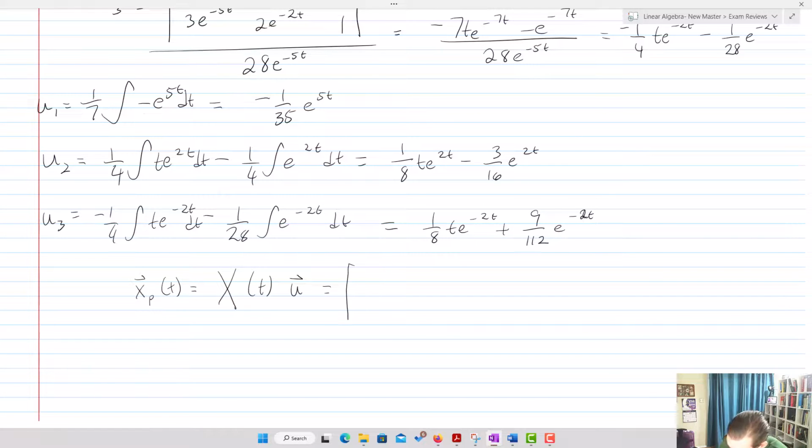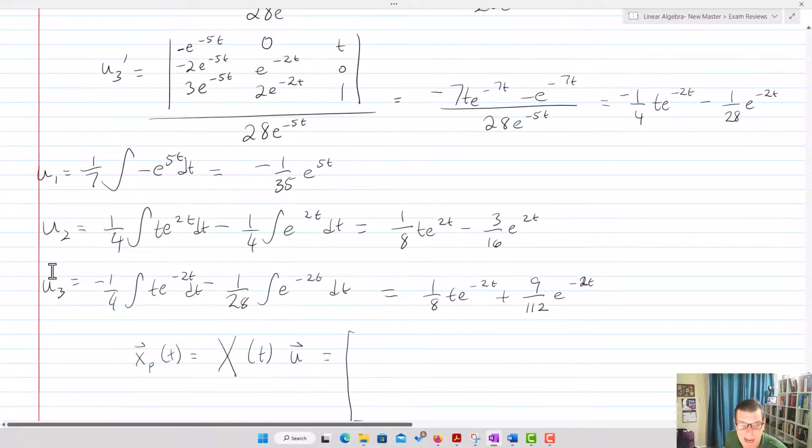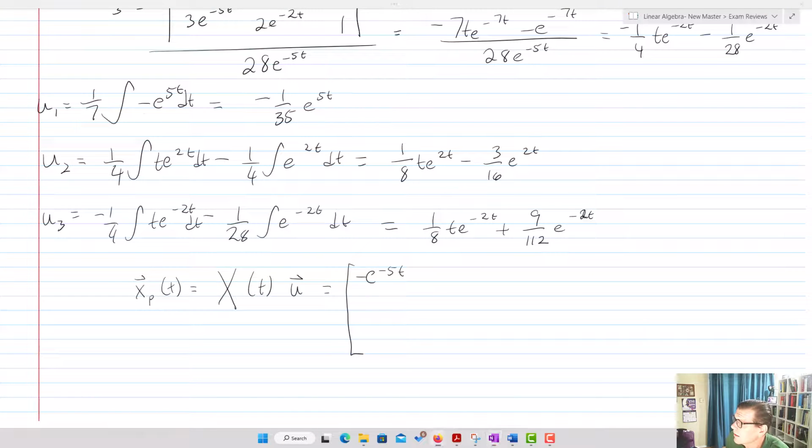So we're going to take that original matrix: negative e^(-5t), negative 2e^(-5t), 3e^(-5t), 0, e^(-2t), 2e^(-2t), 4e^(2t), e^(2t), and 2e^(2t).